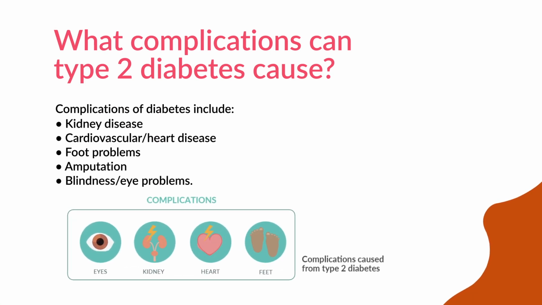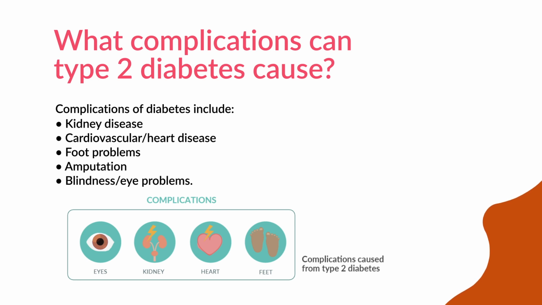Diabetes can affect the whole body. If diabetes is not well managed, blood glucose or sugar levels can become too high or too low. These can both cause serious complications and can affect a person's quality of life. Complications from diabetes include kidney disease, heart disease, foot problems, amputation, and blindness.